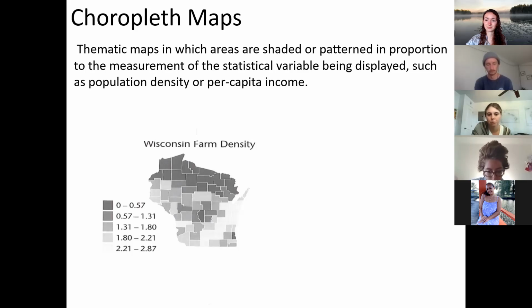I think the dark is more. Right, it's not super intuitive, so it would be better to have this reversed. And also having the smallest values on the top of your legend is also a little backwards. You generally want to have the smallest values at the bottom and then build up to the higher values. So this map is just a little backwards.